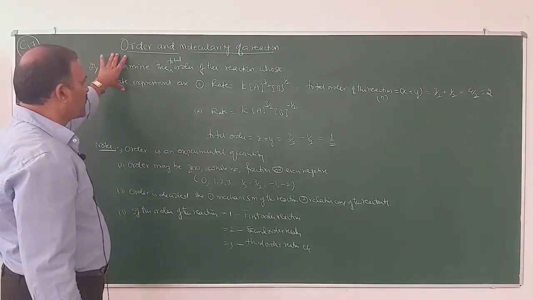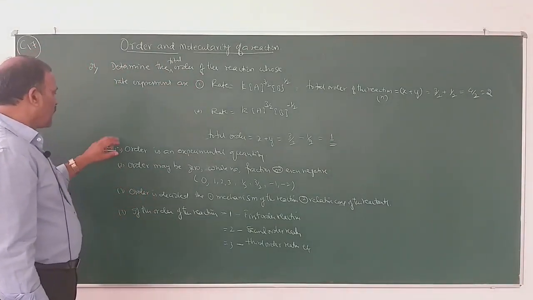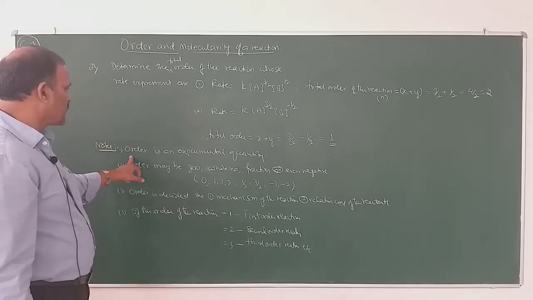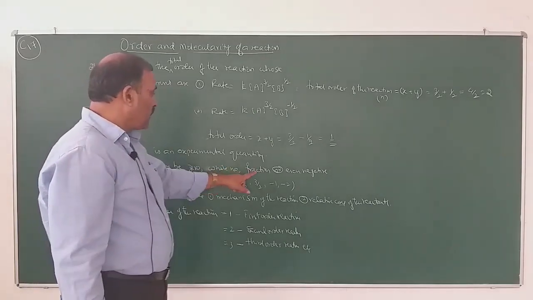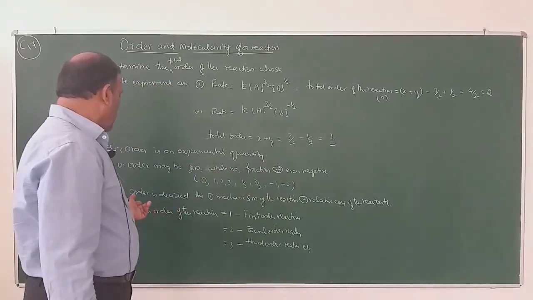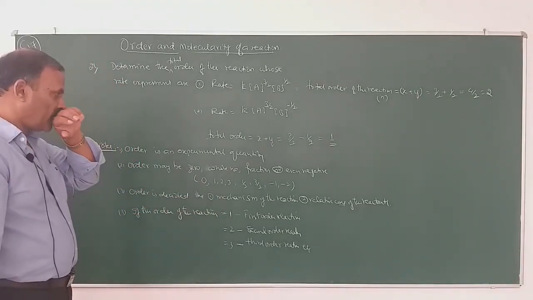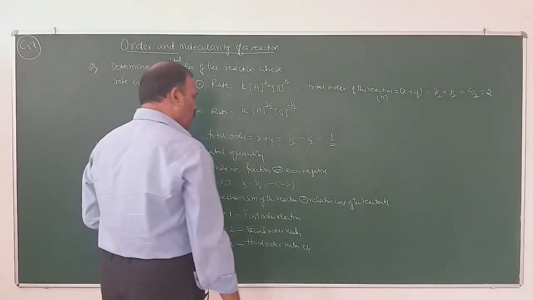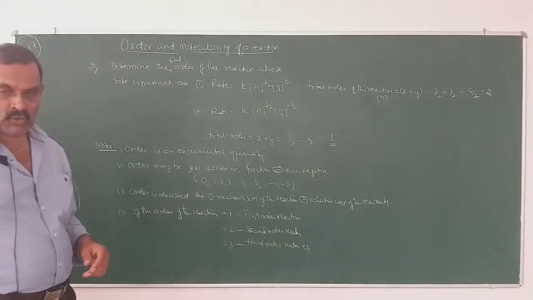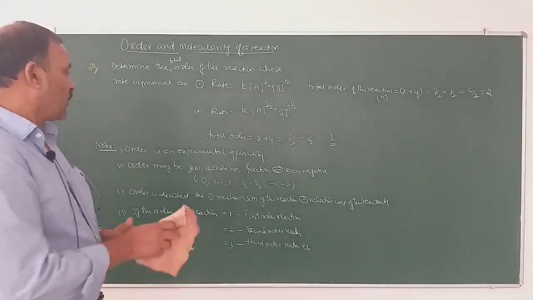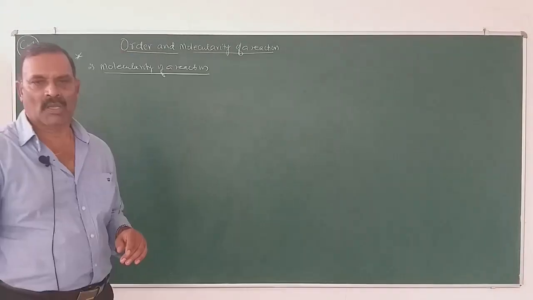Definition of order of reaction, examples for order of reaction, then important notes: it is an experimental quantity. It may be zero, whole number, fraction or even negative. Order is decided by the mechanism of the reaction and the relative concentration of the reactants. And if the order of the reaction is 1, 2, 3, etc., it may be first order, second order, third order reaction, etc.